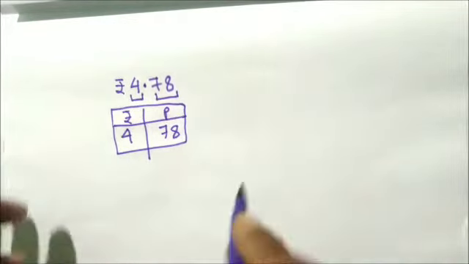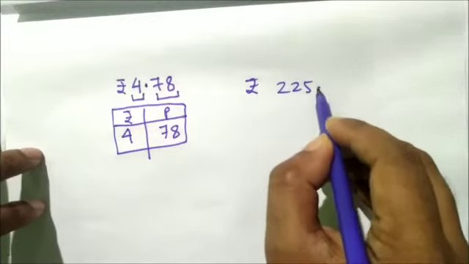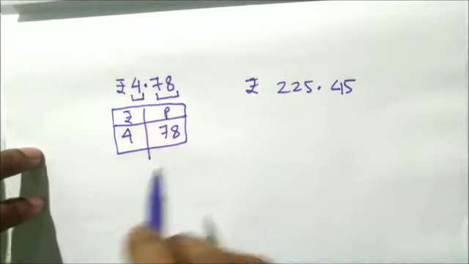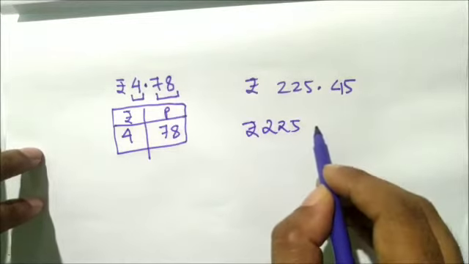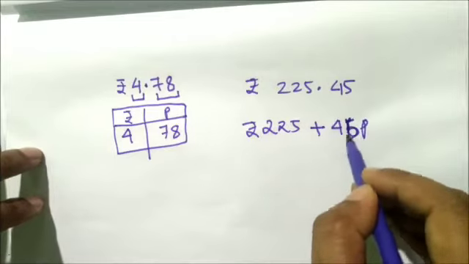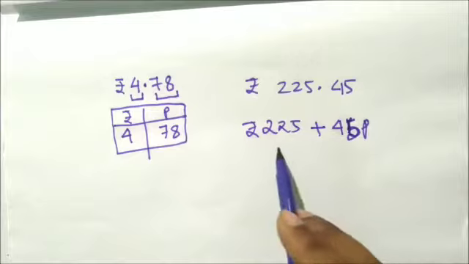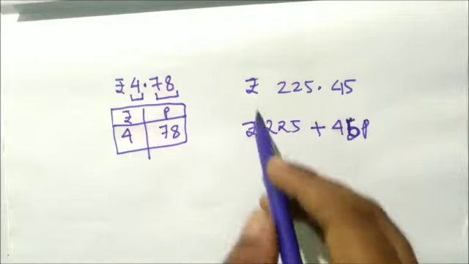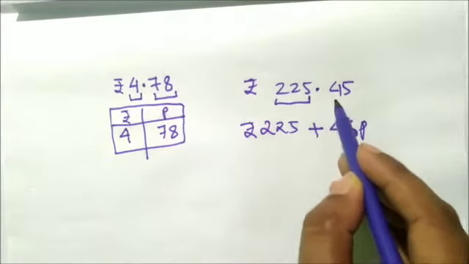So if I say rupees 225.45, it means actually I have rupees 225, and also I have 45 paisa, rupees 225 plus 45 paisa. Actually this point is separating the rupees and paisa.